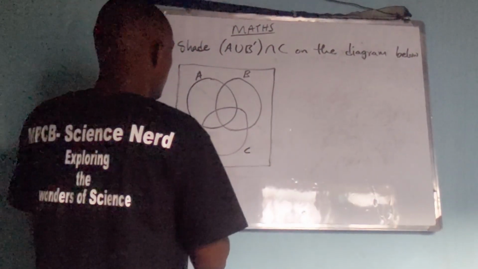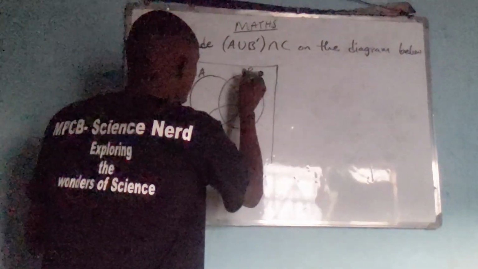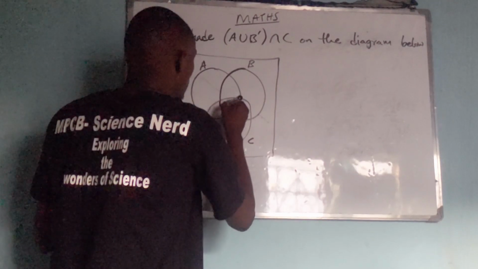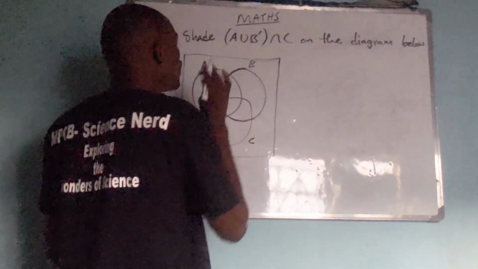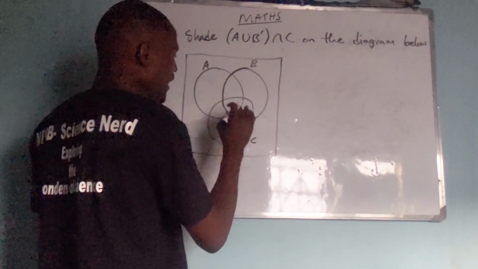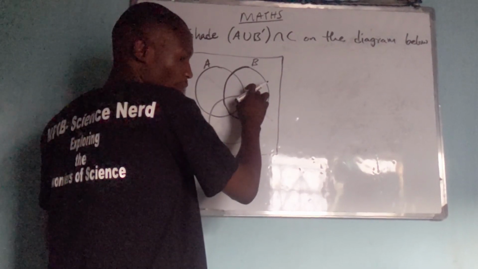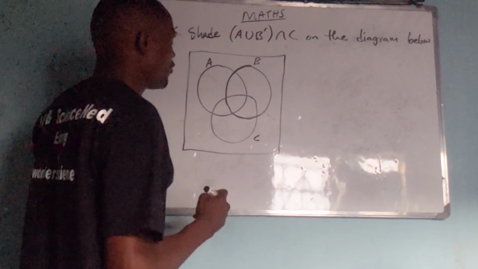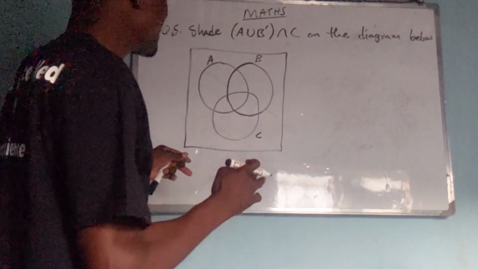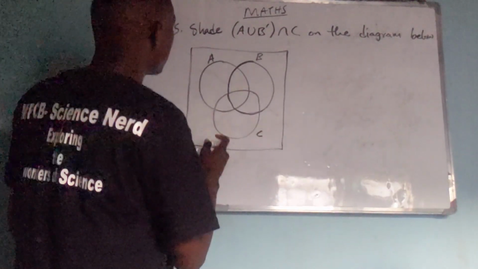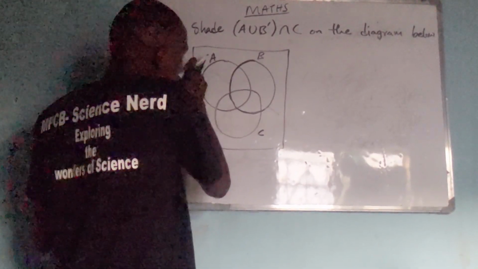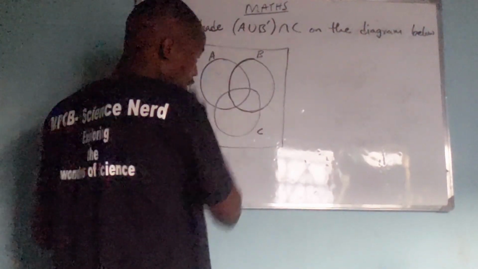So we know that the boundaries of B are here. So these are the boundaries of B. They don't want us to touch B itself, but they want what is not in B. Therefore, when we check what is not in B, those are things which are in A and C and in the universal set.